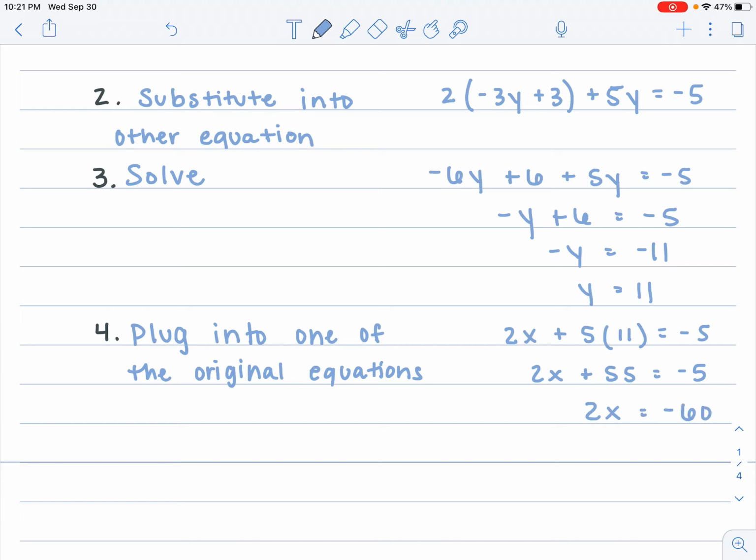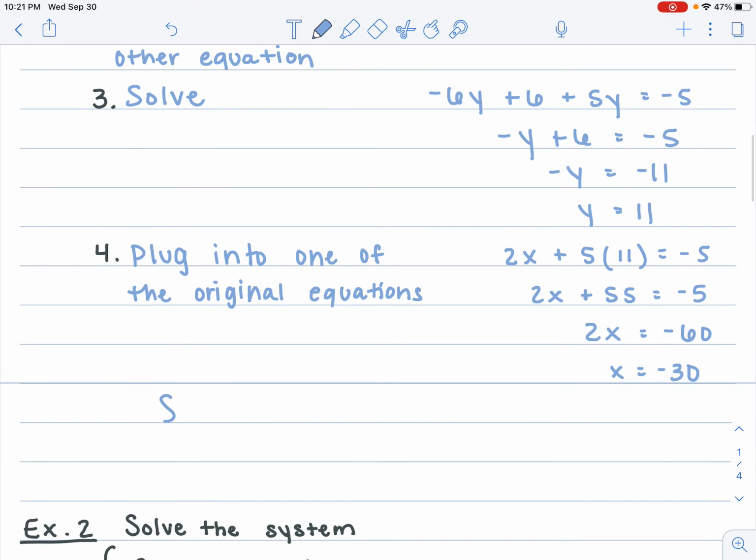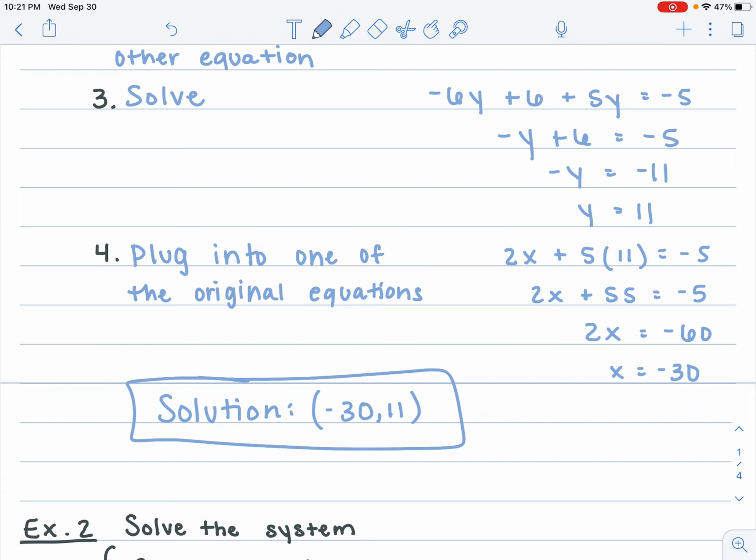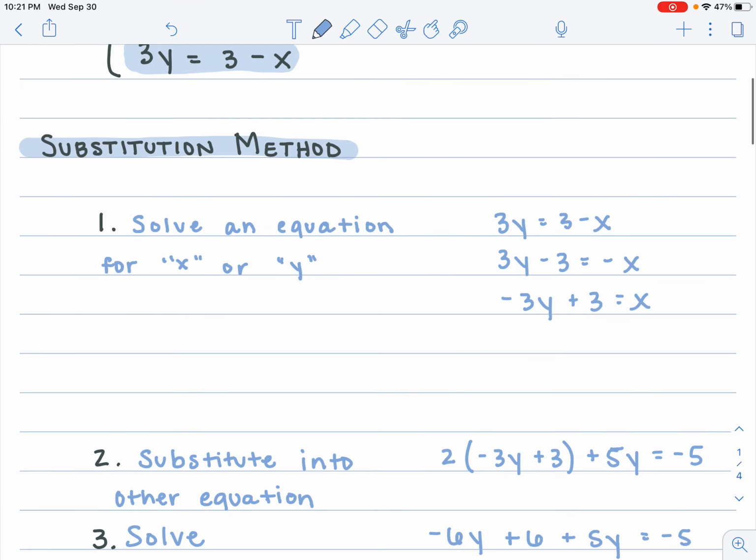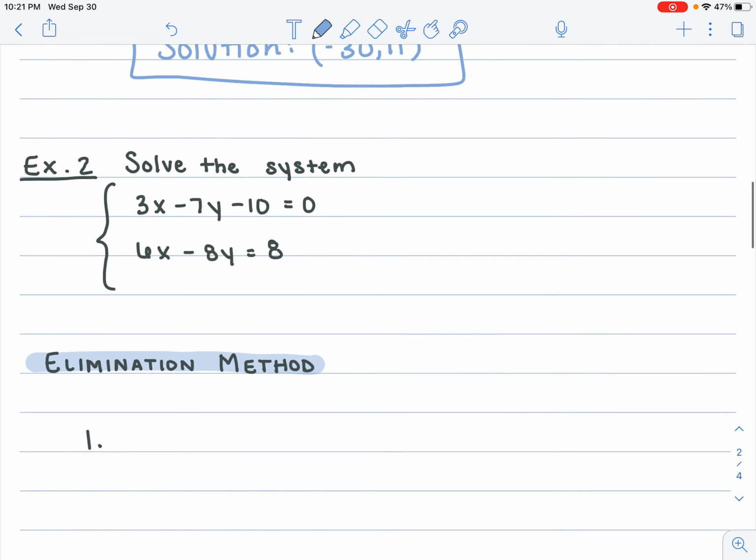Subtract the 55 over and divide by 2. I get that x is negative 30. So that means my solution is negative 30, comma 11. All right, so that is substitution. So 4 steps to do that.